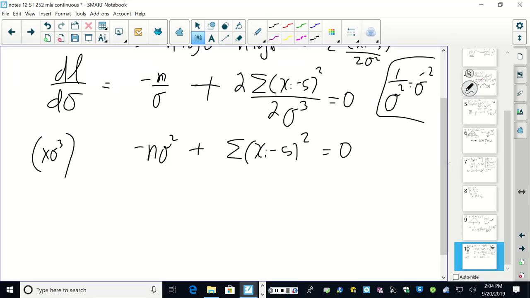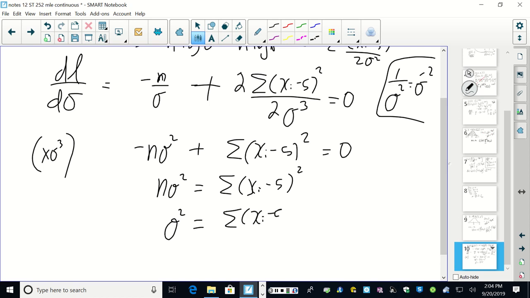If we put this on the other side, n sigma squared is the sum of the xi minus 5 squared. And so sigma squared is estimated as this measure of variability divided by n.